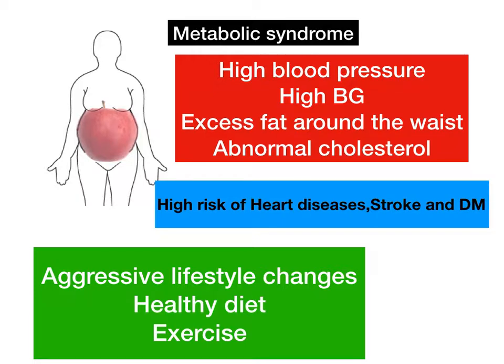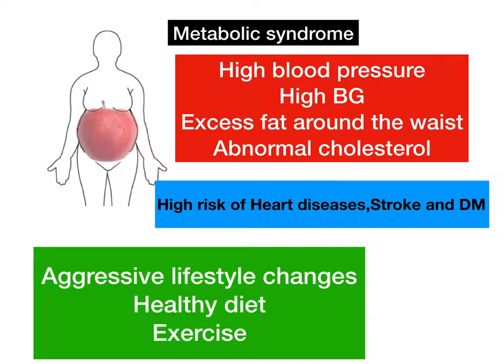So, what happens when things go wrong again? We have seen at the level of the mouth, now we have seen at the level of the gastrointestinal tract, absorption and metabolism, what we call metabolic syndrome. Metabolic syndrome is a cluster of certain things like high blood pressure, high blood glucose or glucose intolerance, excess fat, especially around the waist, like an apple-shaped abdomen, and also abnormal cholesterol.